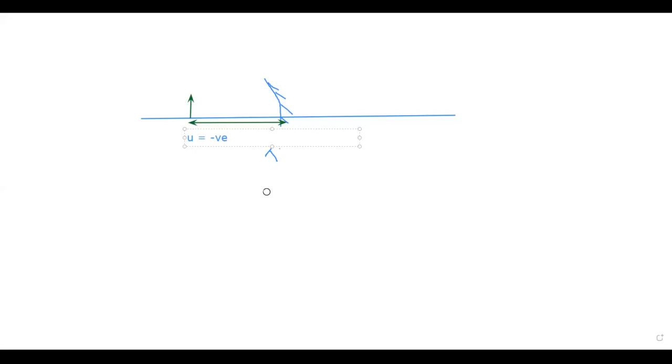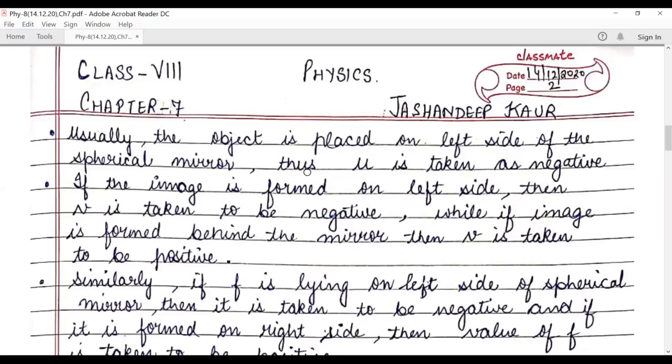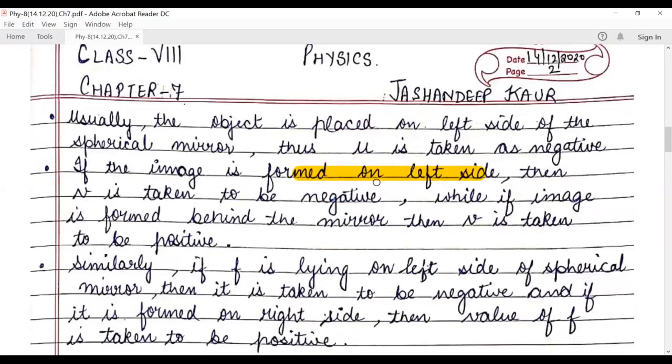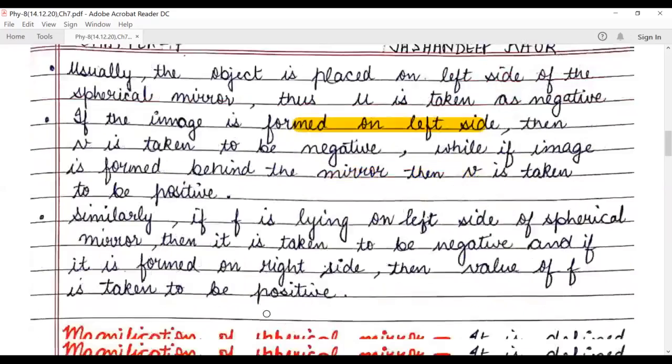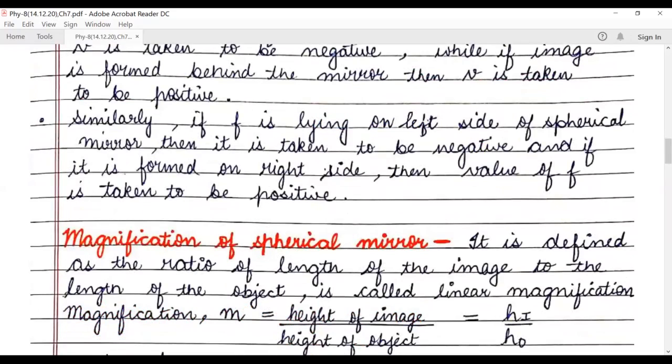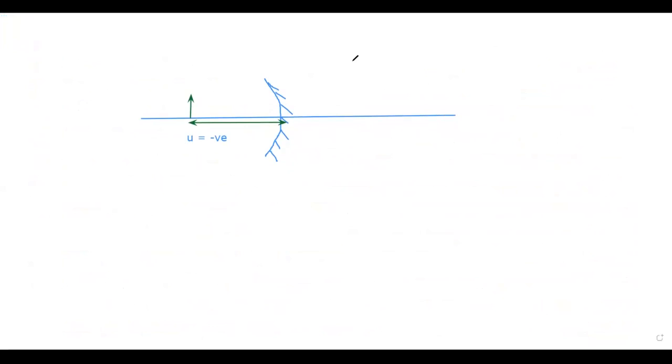While u is taken as negative, if the image is formed on the left side, then v is also taken to be negative. If the image is formed behind the mirror, then v is taken to be positive. It means that if the object is placed in front of the mirror and the image is also formed in front of the mirror, then the distance v will be taken as negative.